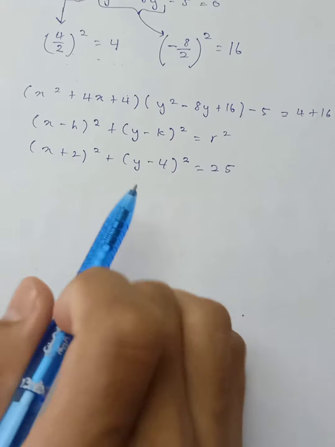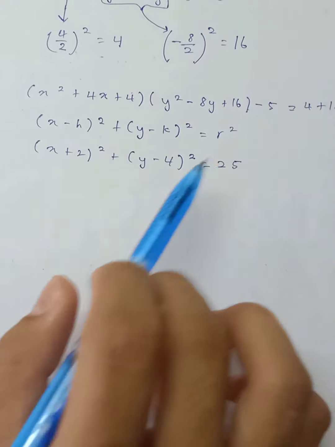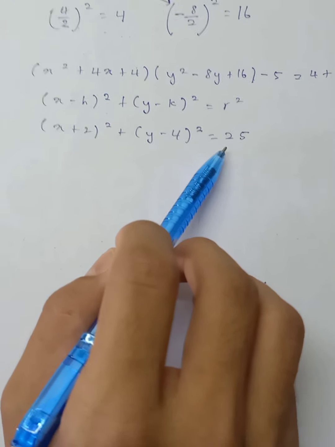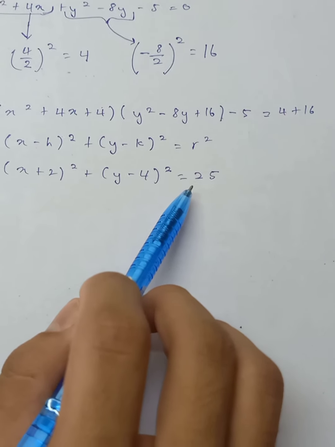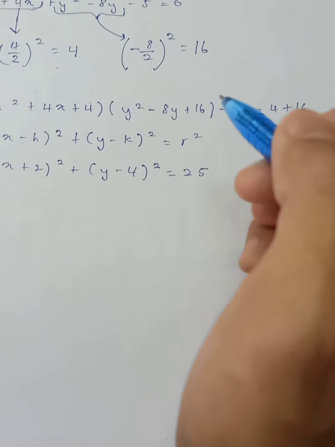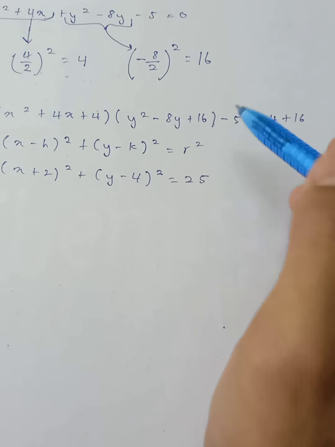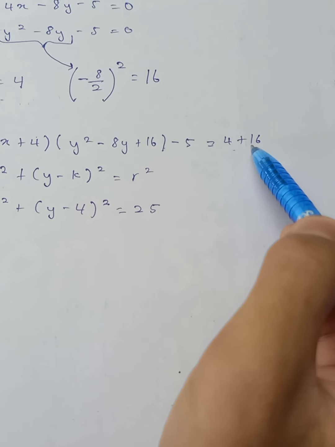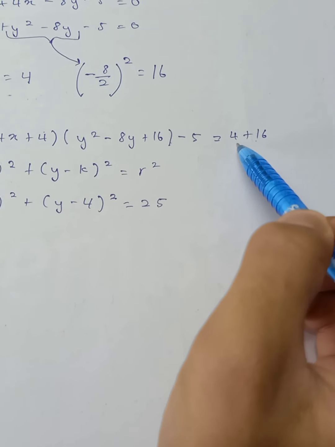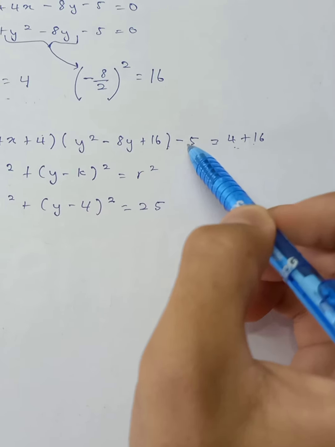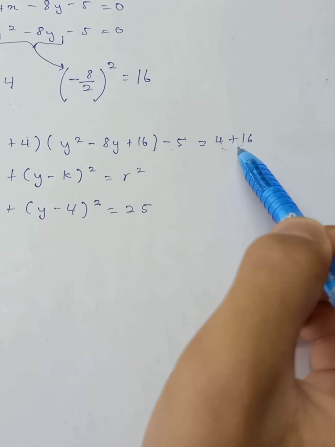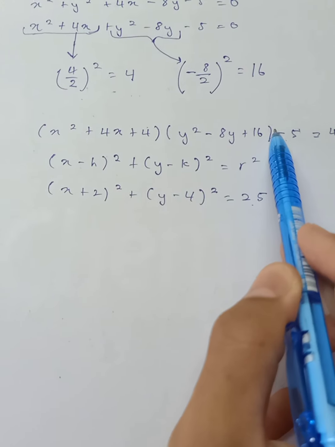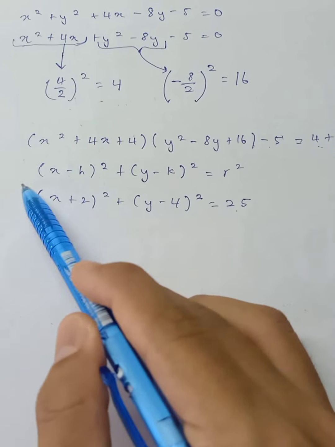Okay, so what we want to do is find the radius. So 16 plus 4 will get 20. The negative 5 here, bring to the right side, and we get 25. And the remaining value here, we use factorization to get this value.